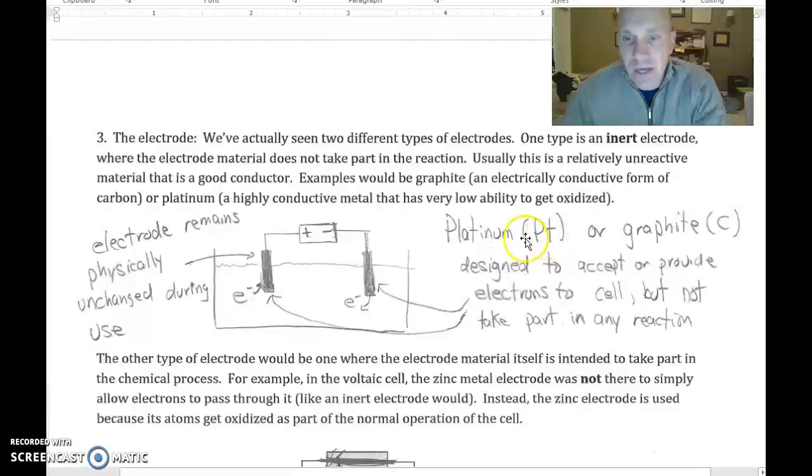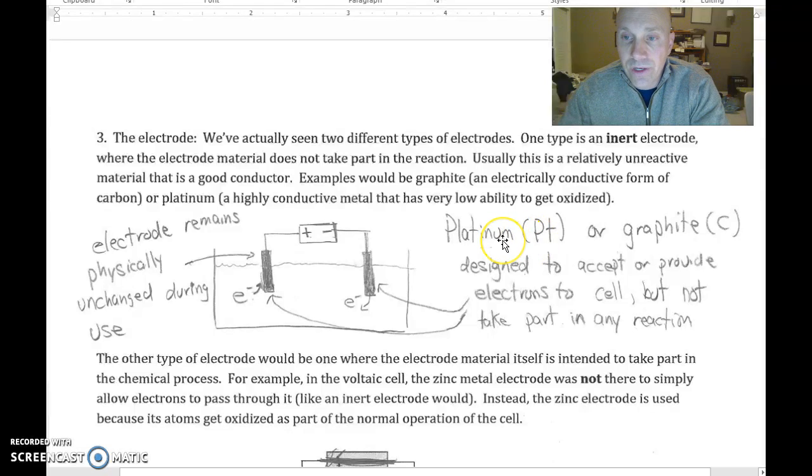And so two common materials for inert electrodes would be platinum, and you probably know about platinum because it's a metal that a lot of jewelry is made of. And that kind of makes sense, because when you're making jewelry, do you want a metal that will react with the humidity or the oxygen in the air, or do you want a metal that's going to ignore that?